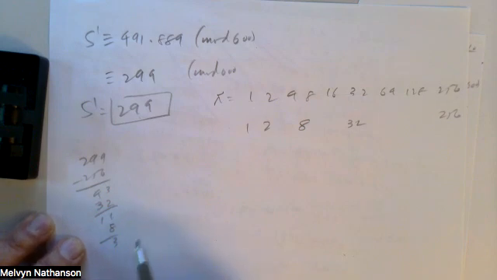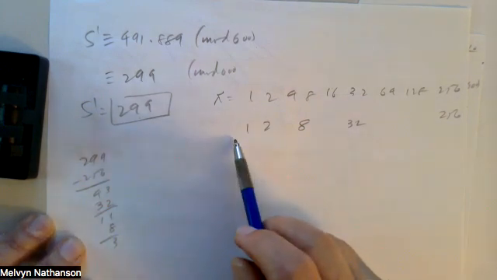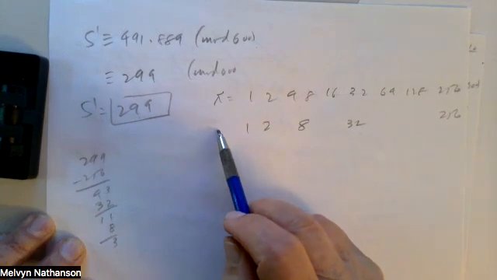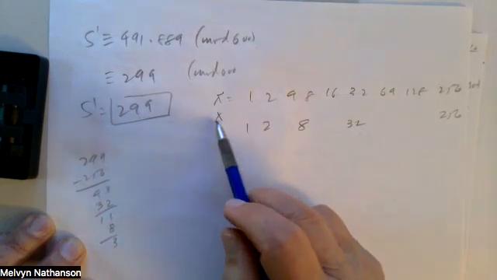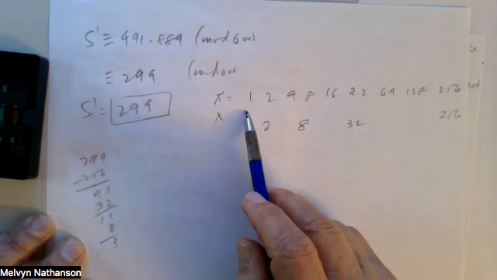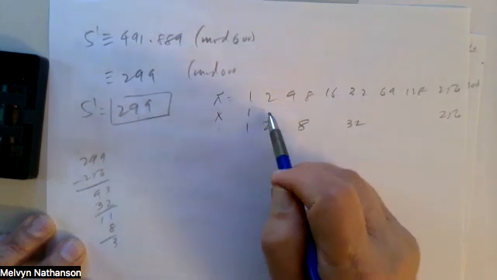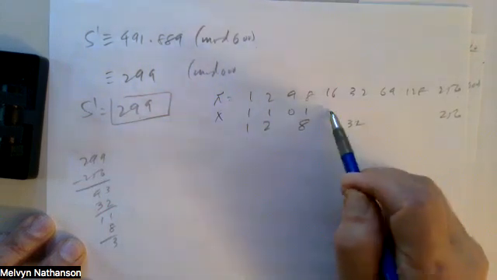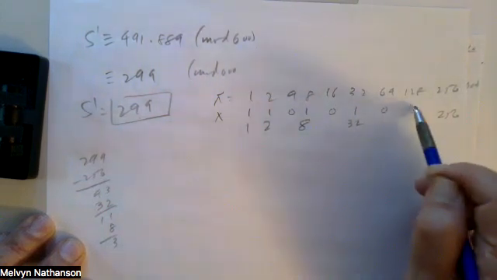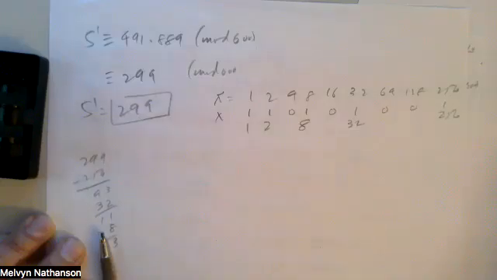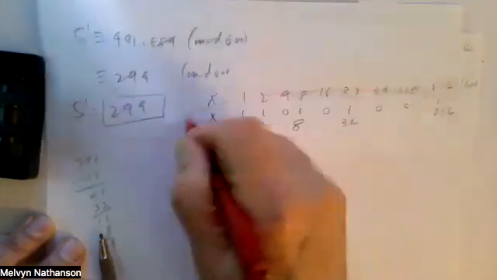So this says that my binary sequence X, I put a 1 wherever I have the same number and 0 where the number is missing. 1, 1, 0, 1, 0, 1, 0, 0, 1. And now I did it correctly.